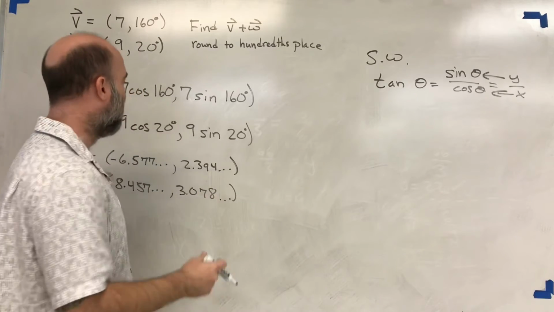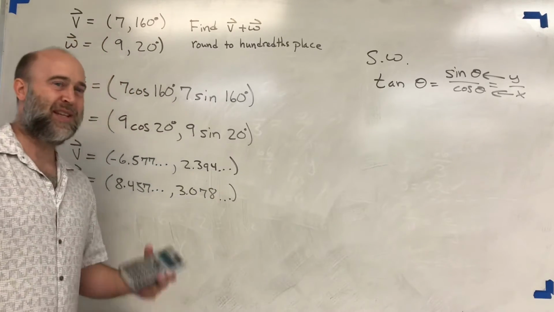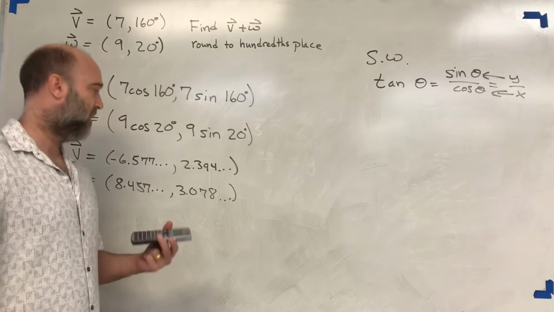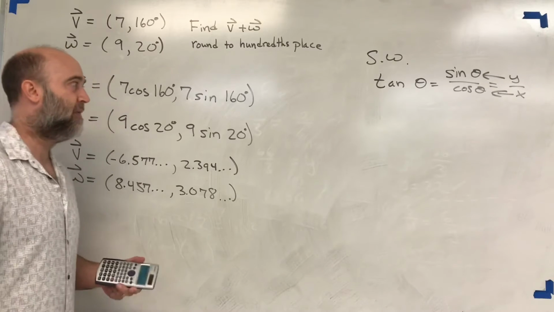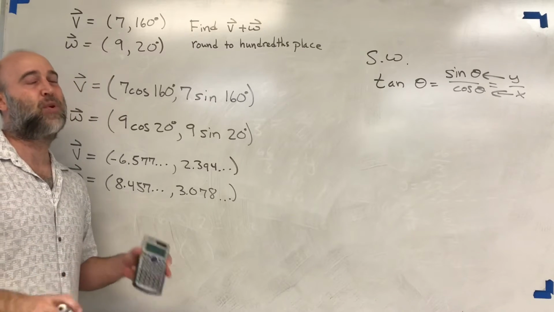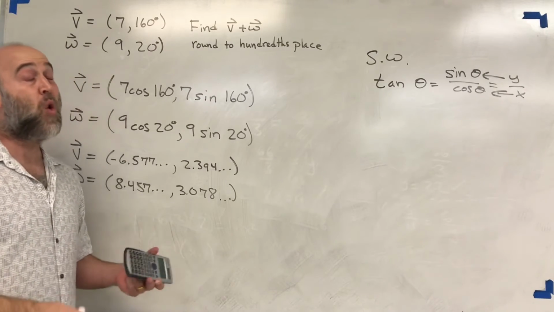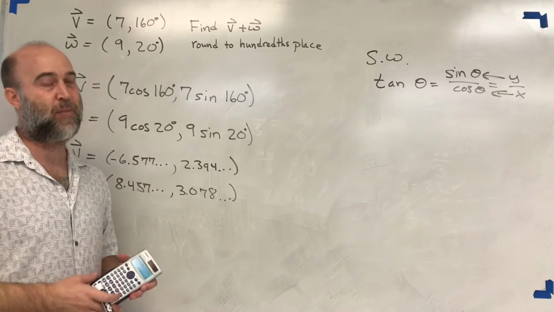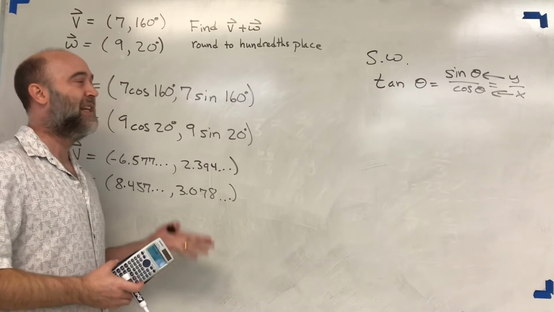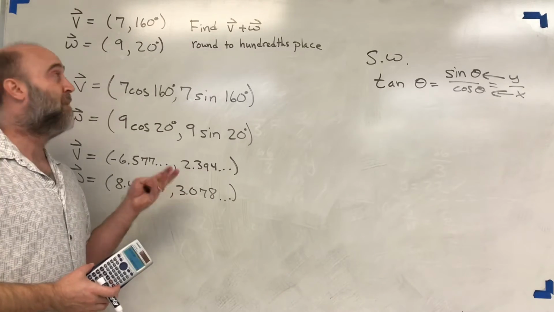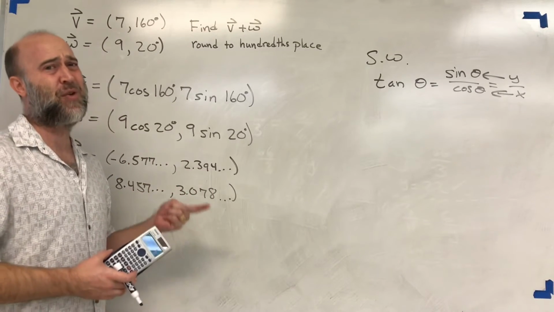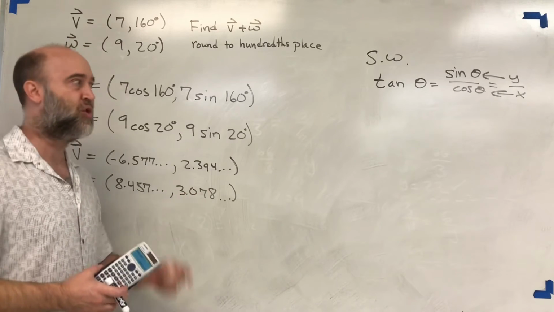Now, one of the things in the original problem is that it said that we could round to the hundredths place as we do these. But I really like pushing myself to round only in the answer, which is what's proper in math. So they're giving you an easy out by being able to round during your math, but be very careful about that. Just know that's an exception to what is usually required.